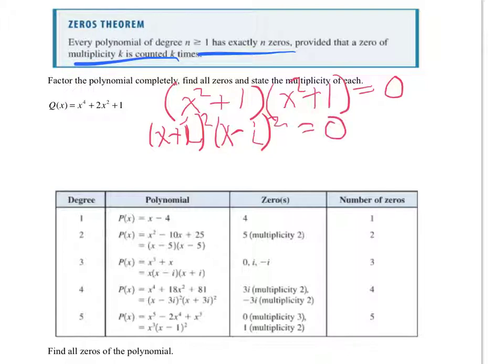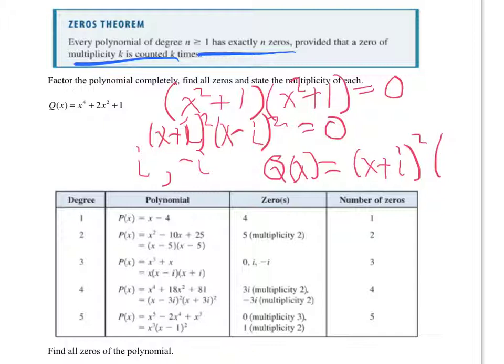So I see that i is a zero of multiplicity 2, and negative i is also a 0 of multiplicity 2. So counting the zeros, I have 4 zeros of this polynomial. And in fact, in factored form, I can write q of x is equal to x plus i squared times x minus i squared.